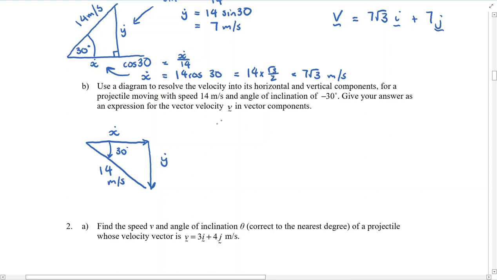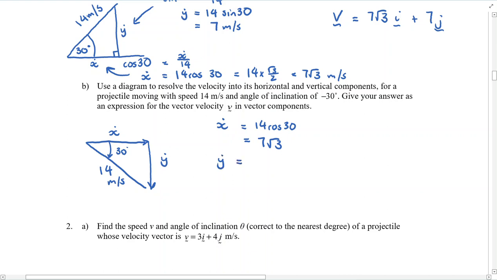So let's go through again the x velocity. To find it, it's the same question as before. So if I'm finding that, it is going to be 14 cos 30 again, which I've already calculated in the last question, so that's 7 root 3. We did that before. And the only difference is my y velocity.